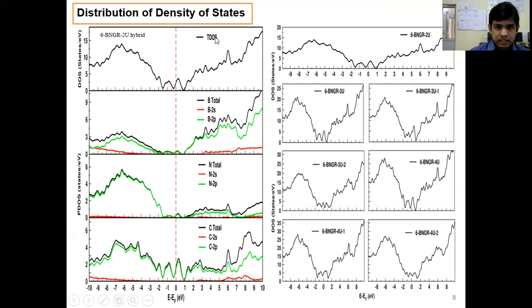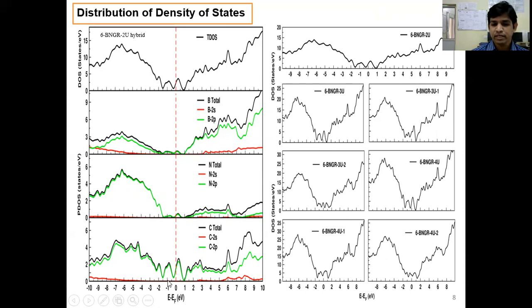And this represents the total density of states. It represents the whole system; the others belong to the constituent atoms, but this represents the whole hybrid layer. We can see there is a zero band gap, no forbidden energy gap, and it is actually obtained because of the contribution by the orbital electrons of carbon atoms.